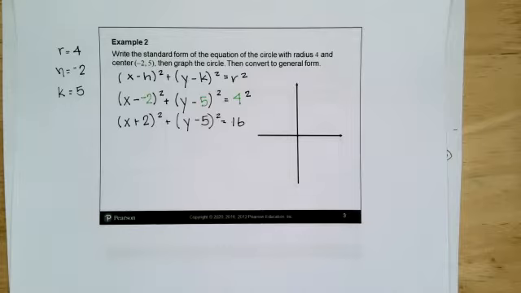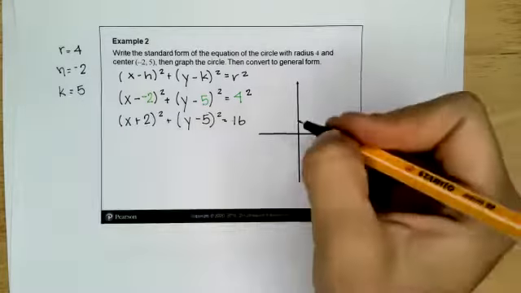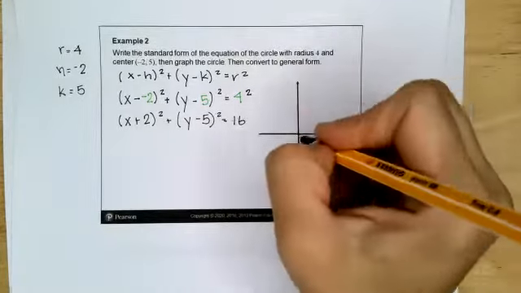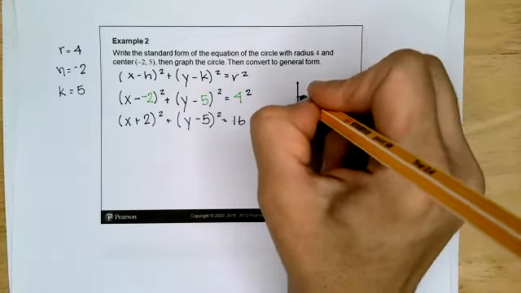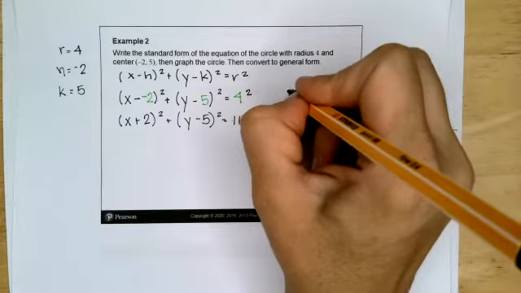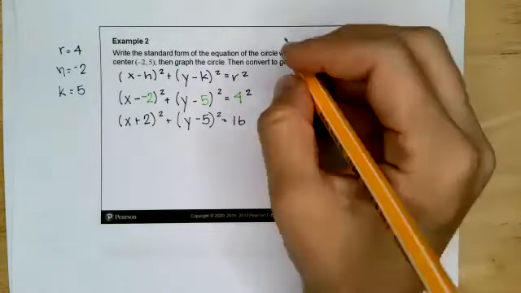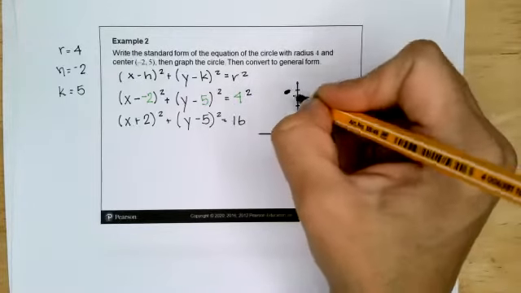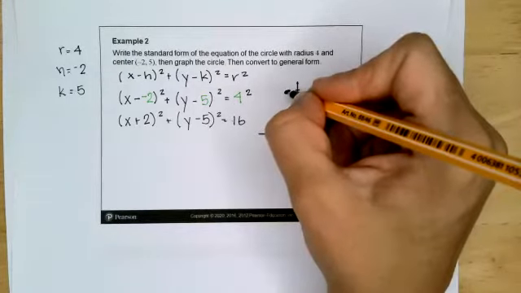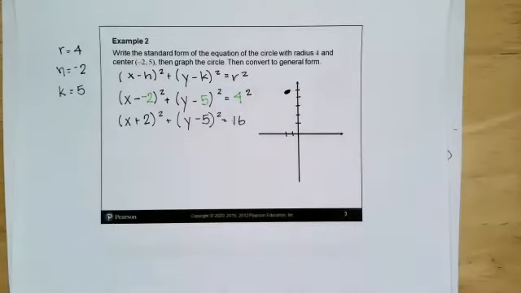We can graph the circle now by thinking about what is the center? -2, 5. In MyMathLab, they'll ask you to find the center of the circle and then give the radius. So you found that point, and then your radius is going to be 16. Or sorry, it's going to be 4, not 16. The square root of 16, which is 4.